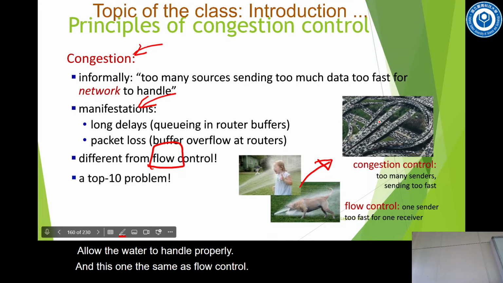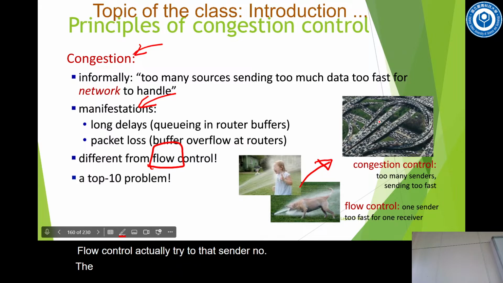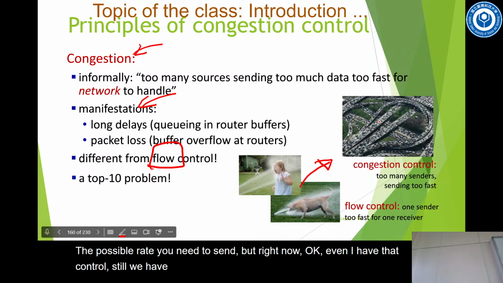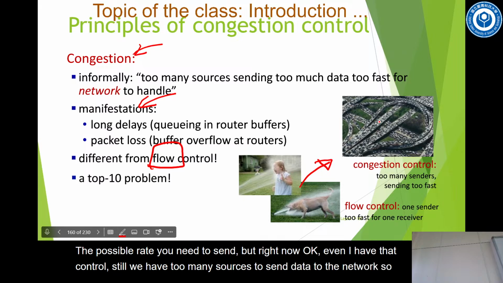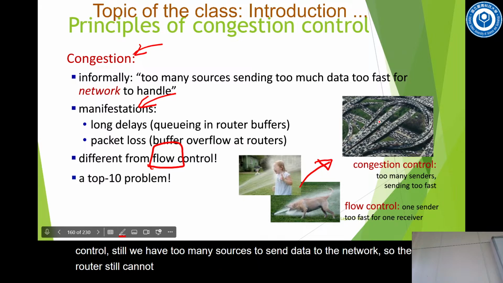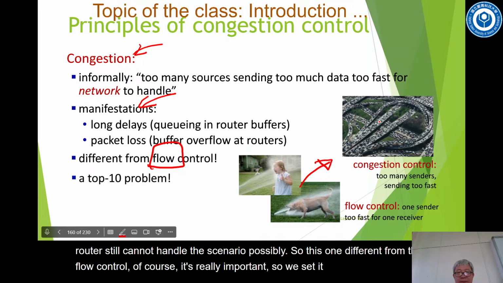Flow control actually tries to let the sender know the possible rate it needs to send. But right now, even if I have that control, we still have too many sources sending data to the network. So the router still cannot handle the scenario. So this is different from flow control. Of course, it's really important, so we set it as a top 10 problem.